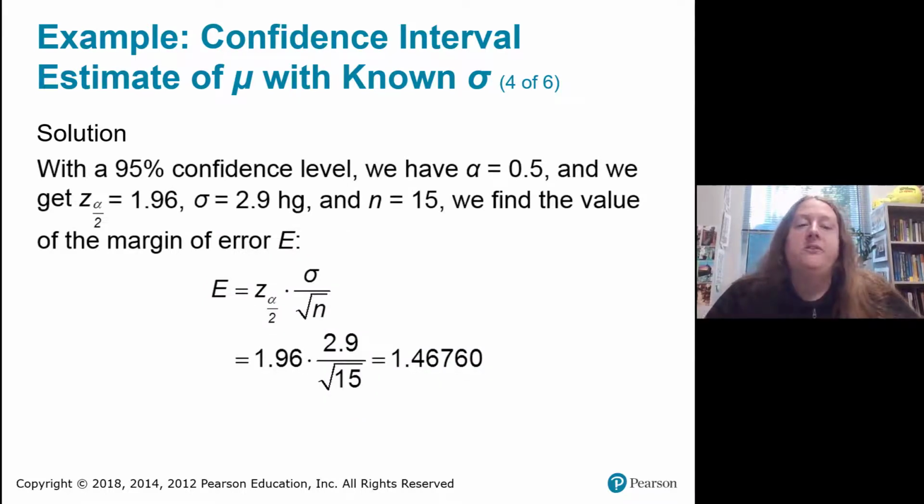So now, with a 95% confidence level, we're going to take alpha to be 0.05, typo there, don't get caught up in that. So 0.05 is alpha because that's 1 minus 0.95. So we're going to get that z sub alpha divided by 2, z sub 0.025, is 1.96.